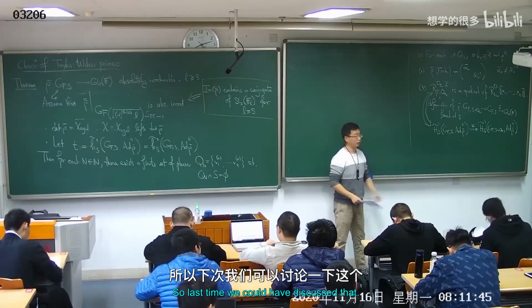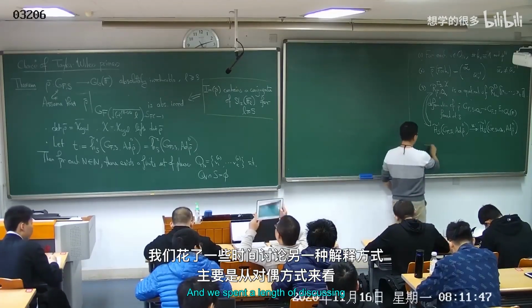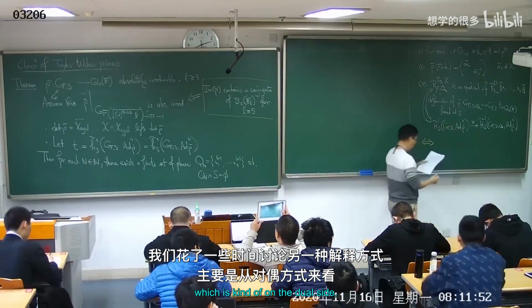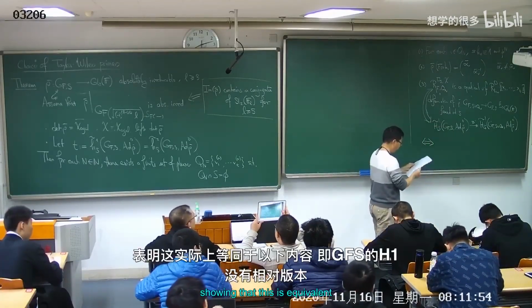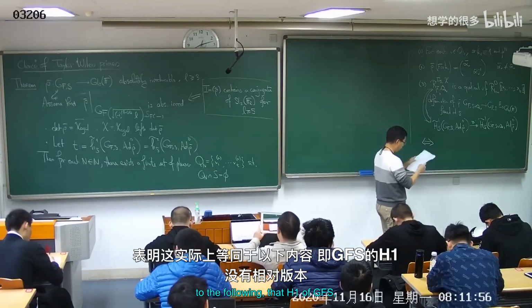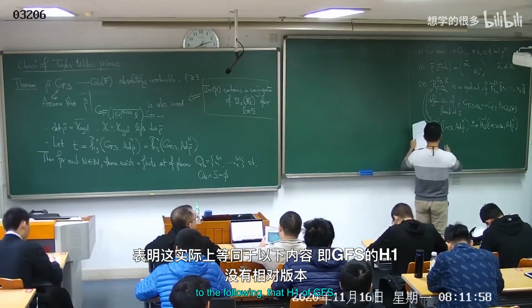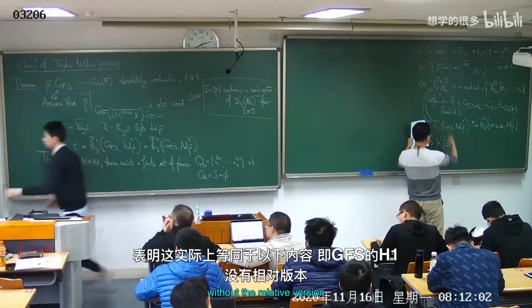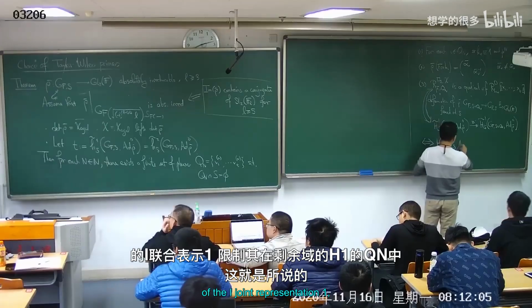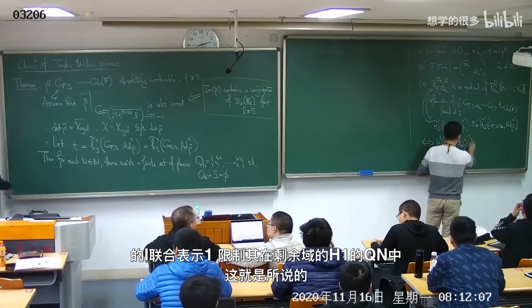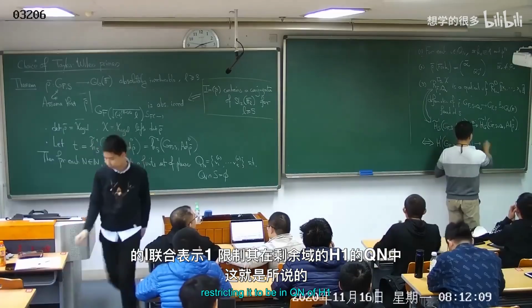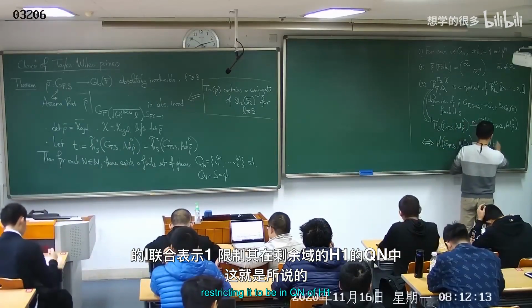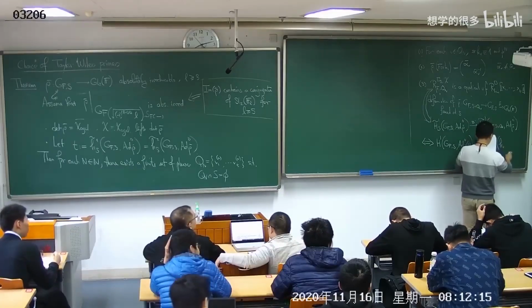Last time we discussed that. And we spent a length of time discussing another way to interpret this, on the dual side, showing that this is equivalent to the following: H1 of GFS without the relative version of the adjoint representation, restricting it to Qn, of H1 of the residue field.